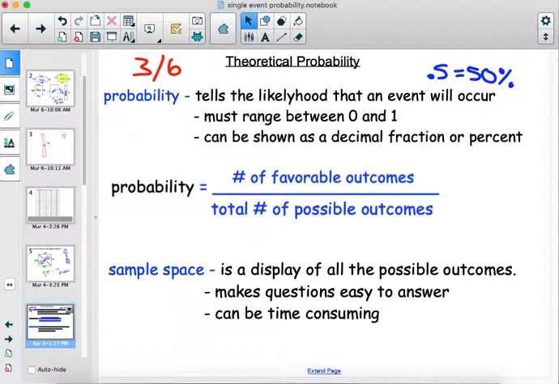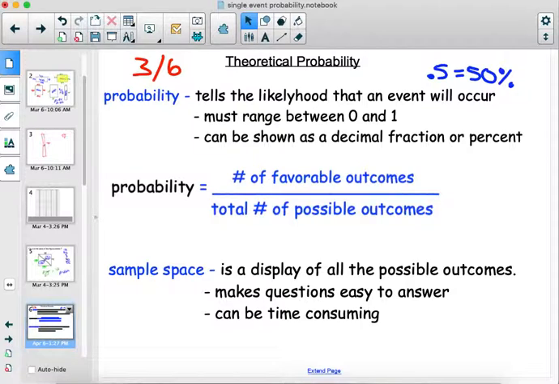The other definition is something called a sample space. We're going to use this strategy a lot more when we do harder probability problems called compound. Pretty much all it does is display all the possible outcomes. Instead of just showing a number, you would actually see it in a chart or a tree diagram, a factor-tree-looking thing.